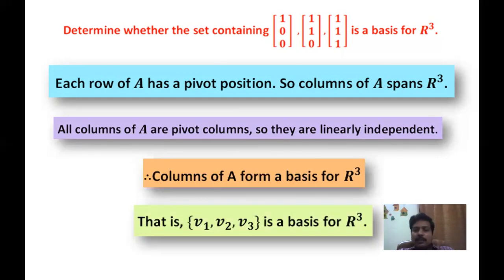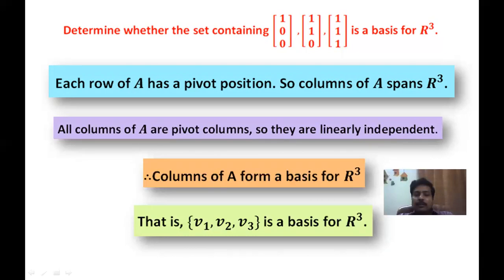Columns of A are nothing but the given vectors. So the set of v1, v2, v3 is a basis for R3. There may be many bases for R3, but this is one of the bases for R3. So this is the first problem.